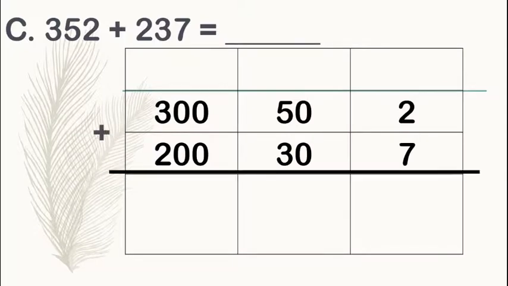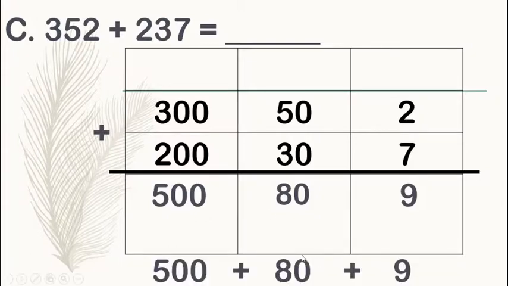After that, we need to add starting with our ones. 2 plus 7 is equal to 9. 50 plus 30 is equal to 80. 300 plus 200 is equivalent to 500. So the final answer for letter C is 589.